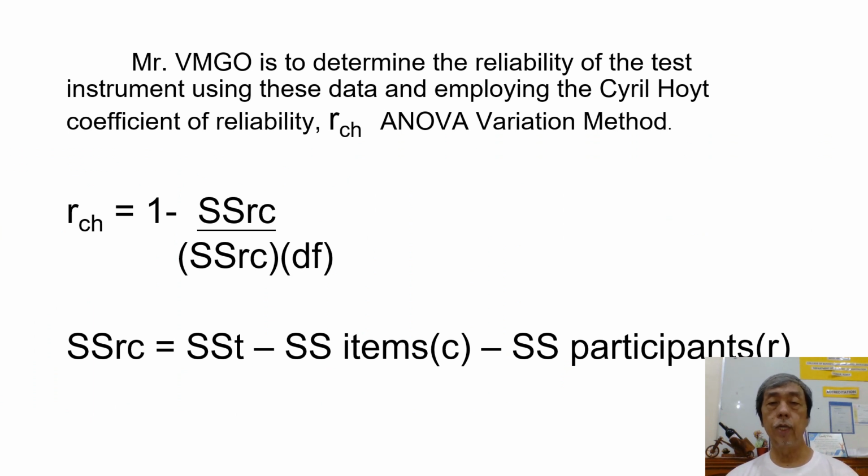Mr. VMGO is to determine the reliability of the test instrument using this data and employing Cyril Hoyt coefficient of reliability, ANOVA variation method. So take note very well of the formula and supportive formulae shown on the screen.